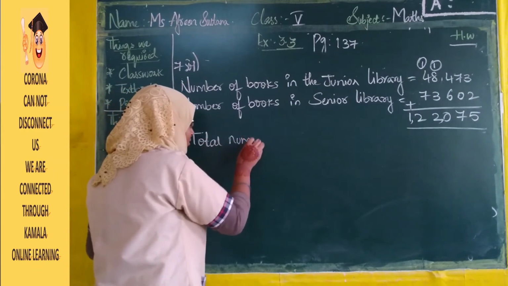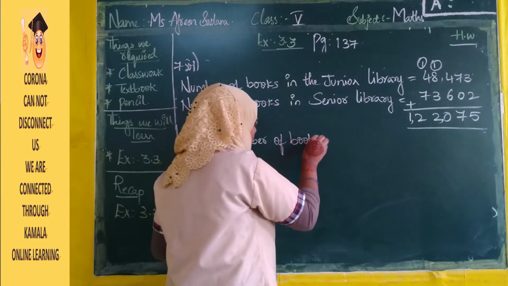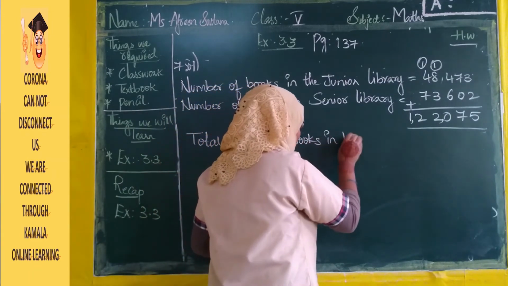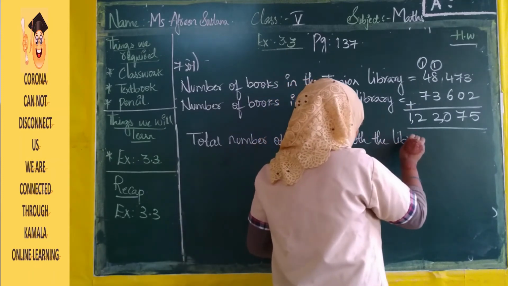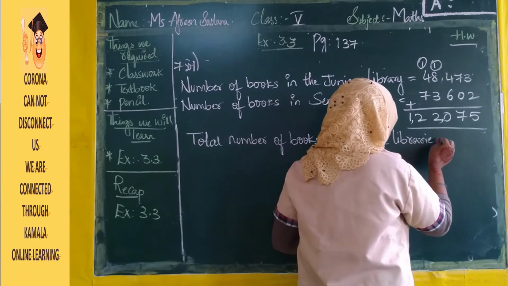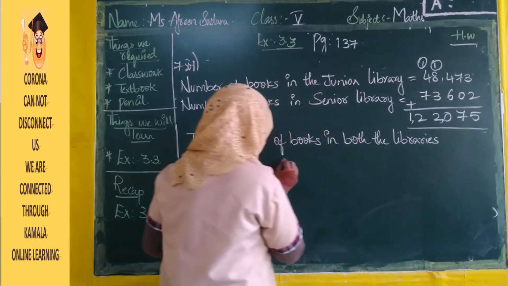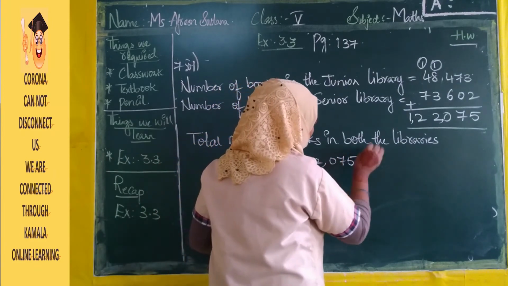So the total number of books in both the libraries is 1,22,075.